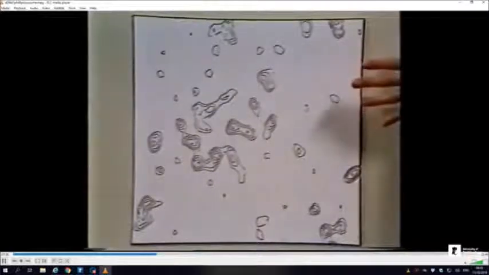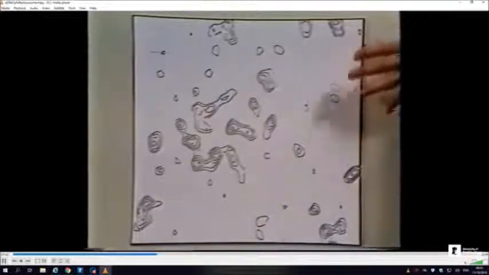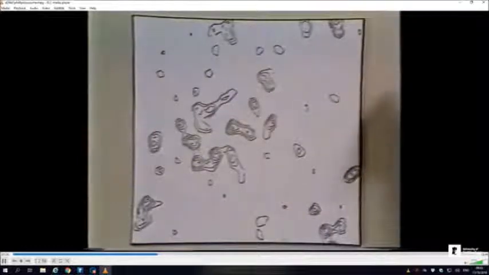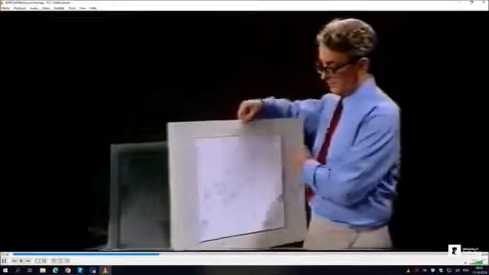Such maps are calculated for many parallel cross-sections through the molecule, and they're drawn out on transparent sheets. So we get a three-dimensional picture of the electron densities in the molecule, where the electron densities correspond to atoms or groups of atoms in the molecule.